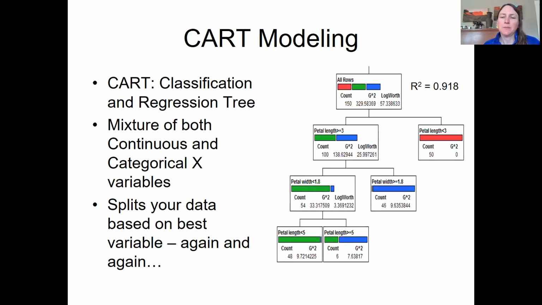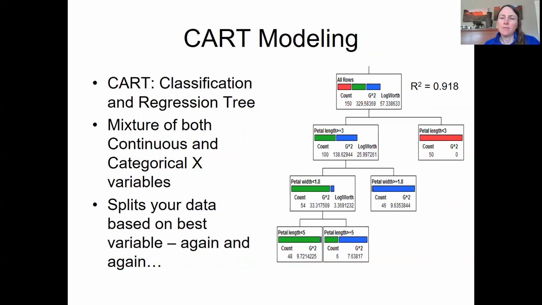And so you can see an example here showing data from 3 different species of iris, which we'll get to play with in the lab. And the first split is on petal length. So it says, okay, species of this red type have petal lengths less than 3, say, centimeters. And then species of these other 2 types have petal lengths greater than or equal to 3.